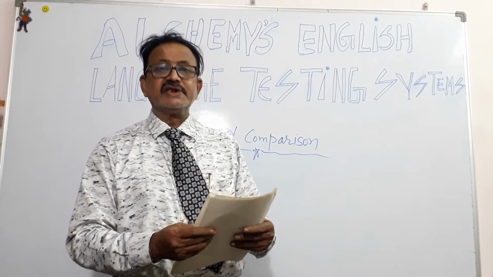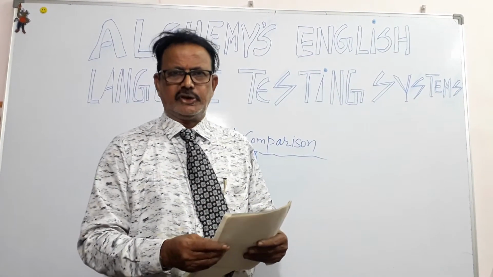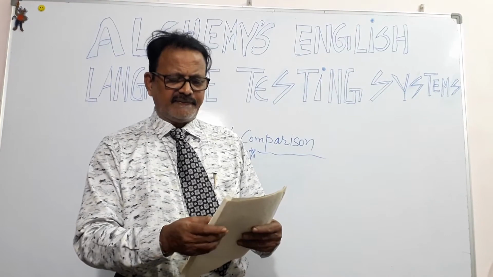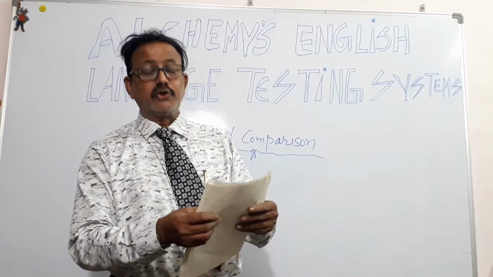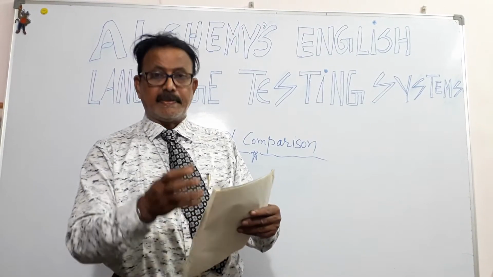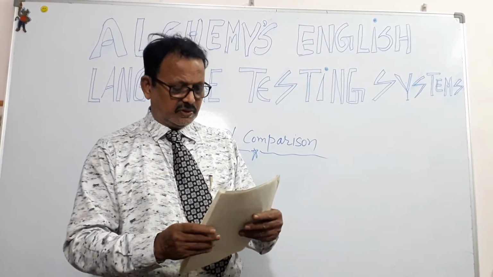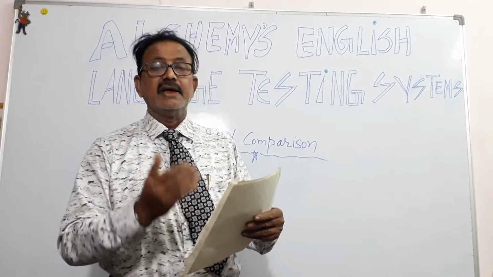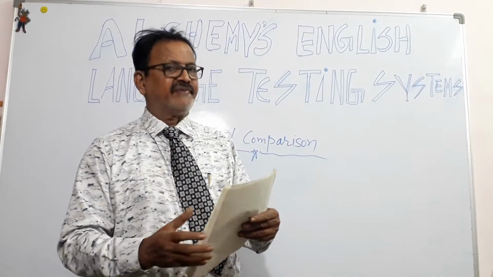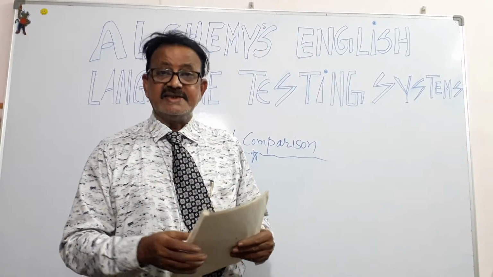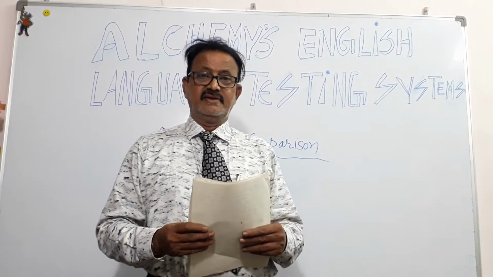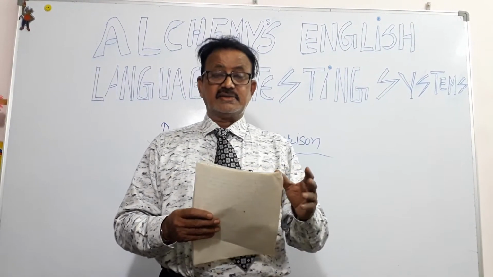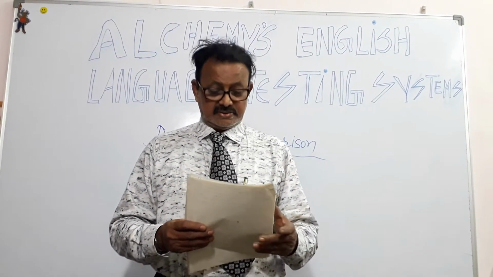On the basis of its meaning, whatever I told you about an adjective, an adjective is identified as belonging to one of the 4 subclasses. One is quality, color, specifying, emphasizing, and classifying. These are the subclasses of an adjective.